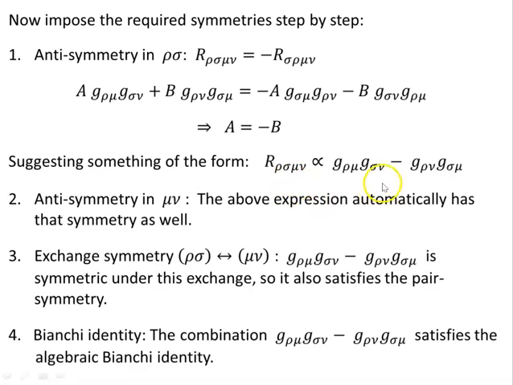Okay, that'll make the right hand side the negative of the left. Exchange symmetry, we can interchange these. It is symmetric under this exchange, you can do that. So it also satisfies the pair symmetry. The Bianchi identity, the combination satisfies the Bianchi identity, and that's what I was getting at before. Okay, we'll see a bit more of that in a moment.